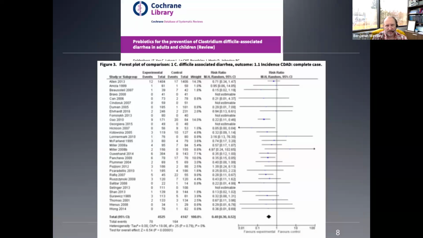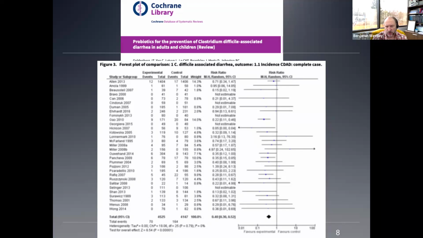So when we talk about probiotics for prevention of C. diff, this became a bit more exciting when Cochrane published a review. Can't remember the exact year, 2017, somewhere in there, perhaps a little earlier, that lumped together many studies of various qualities using various products at various doses, and then suggested that there was an overall decreased risk of C. difficile diarrhea when you lump all those studies together.